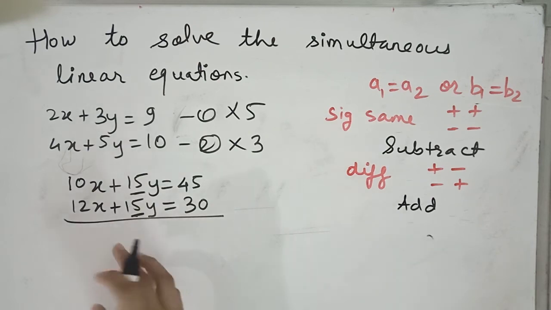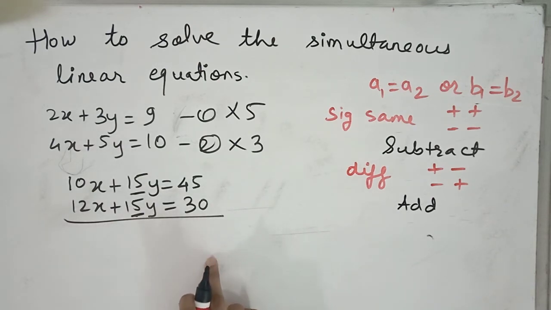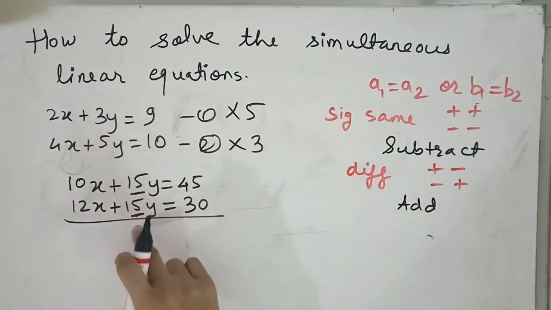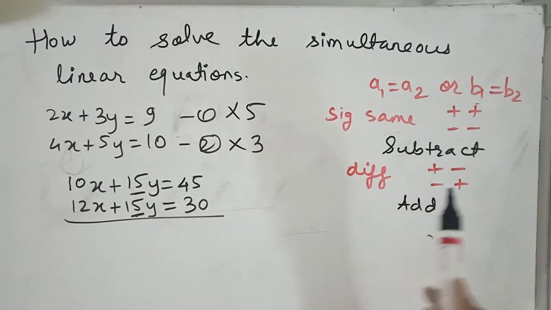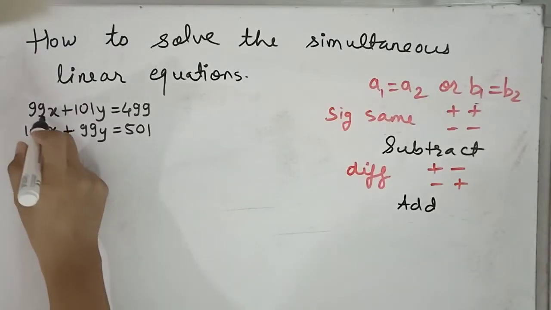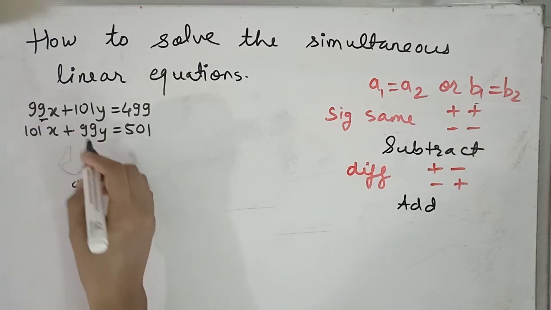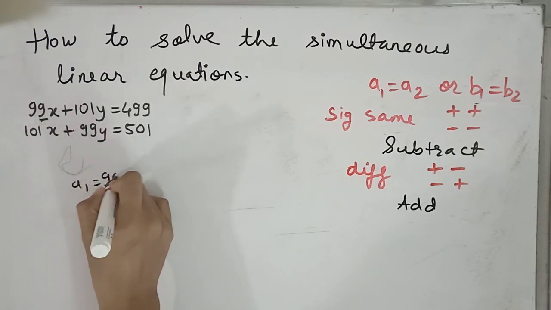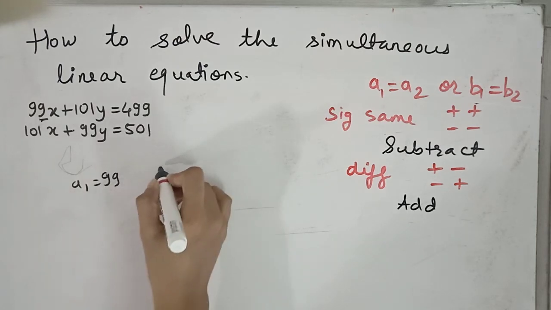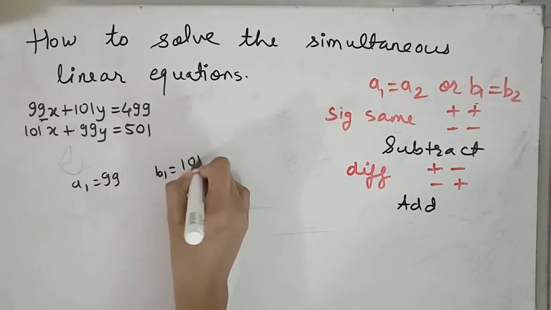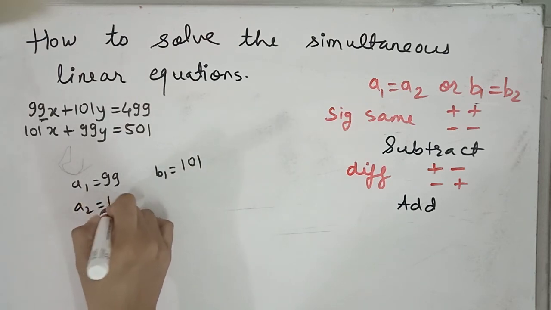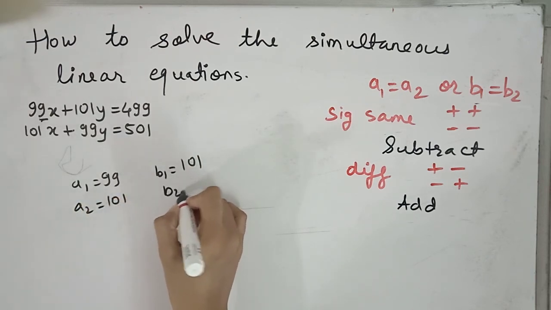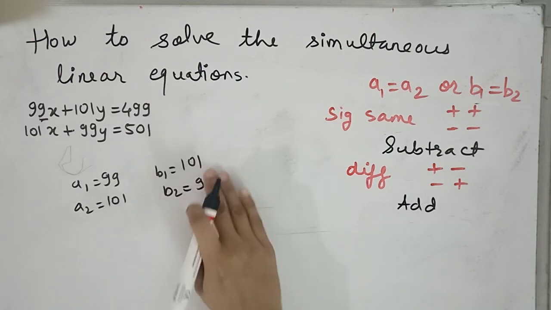Okay, now continue the same process. Both the signs are same, so we will subtract the equation and get the answer. In this equation we can see a1 is 99 and b1 is 101, a2 is 101 and b2 is 99.